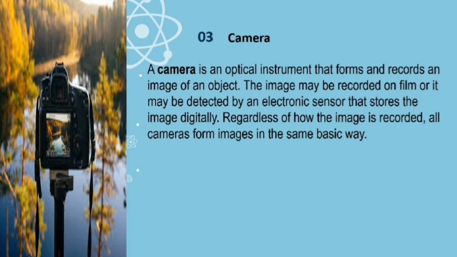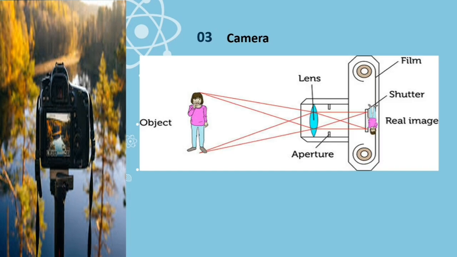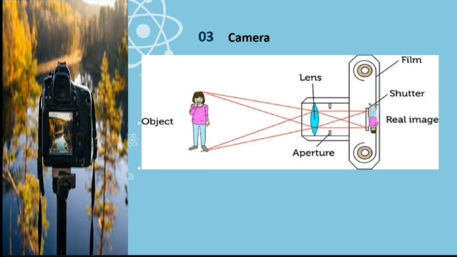The image may be recorded on a film, or it may be detected by an electronic sensor that stores the image digitally. Regardless of how the image is recorded, all cameras form images in the same basic way. The camera uses a concave lens that focuses the object. Since it is concave, the image formed is upright, real, and smaller.